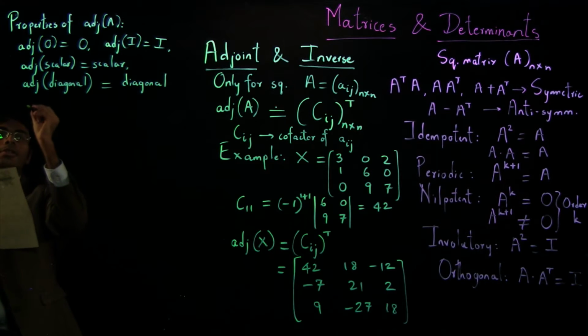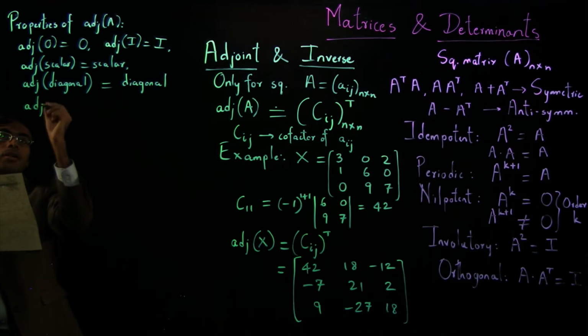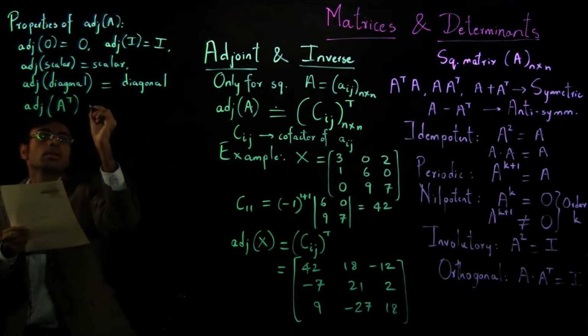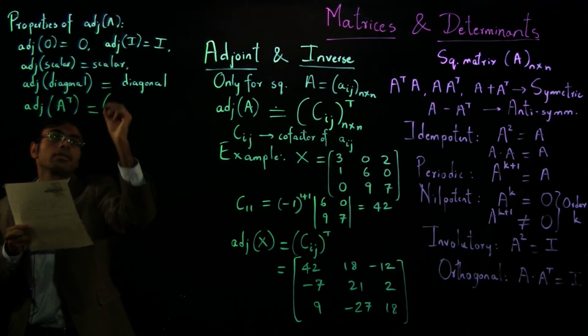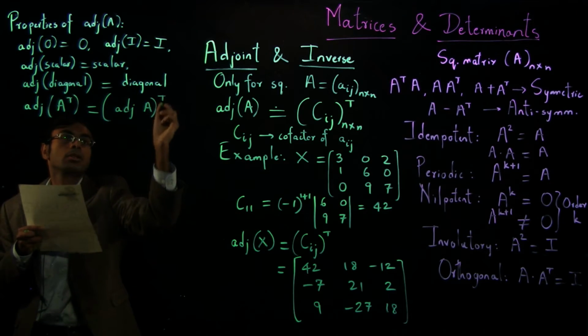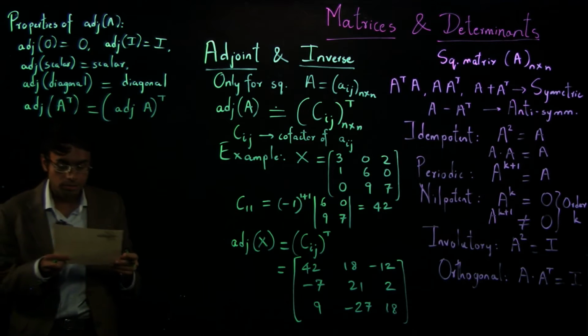Then this is important. If you take the adjoint of the transpose of a matrix, it is the same thing as taking the transpose of the adjoint of the matrix. So these two operations are interchangeable.